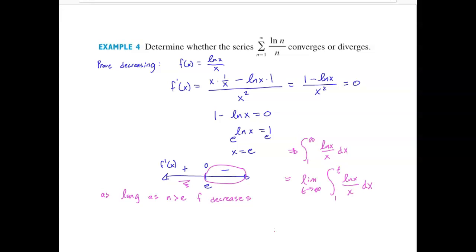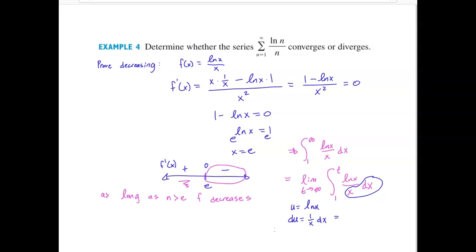Ideas on how to evaluate this integral? You can do a u sub. If we let u equal natural log x, then what's du? Yeah, which we have, 1 over x dx here.